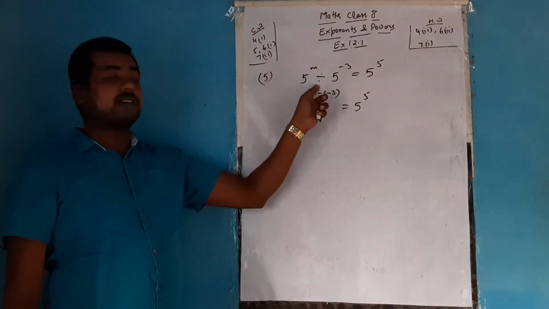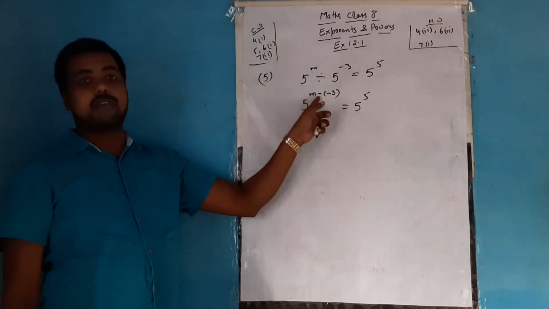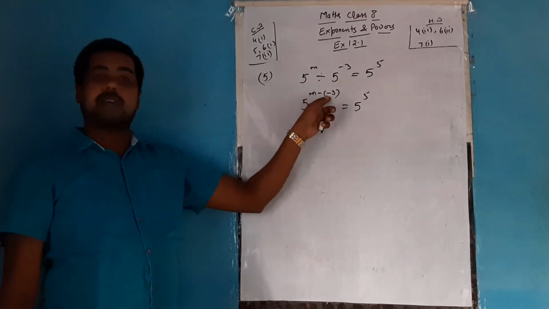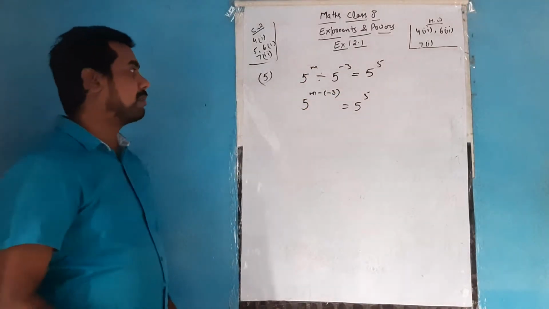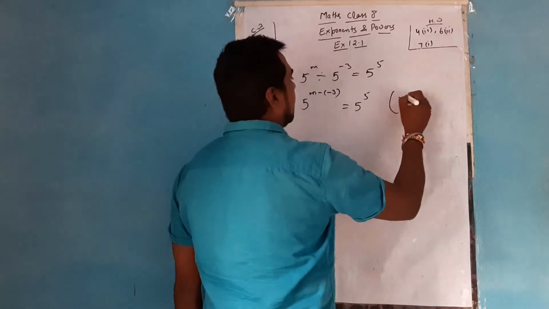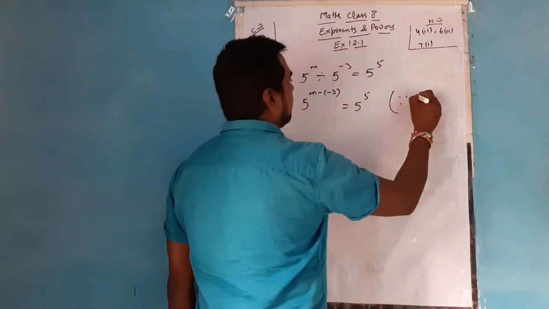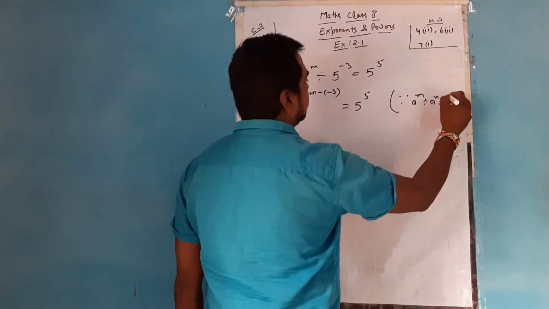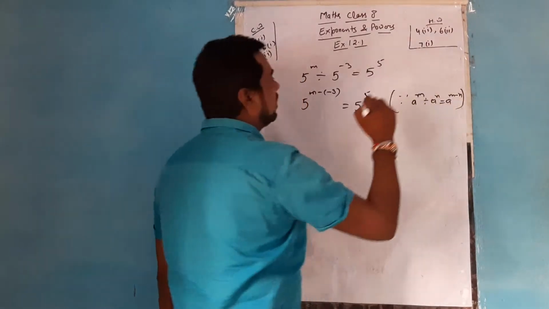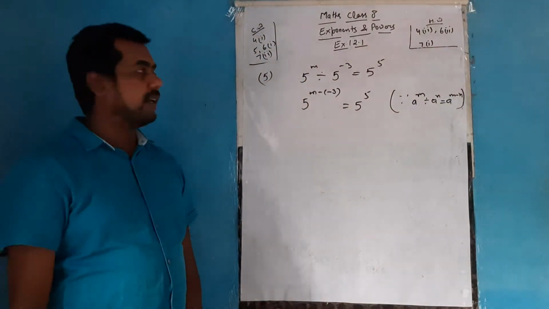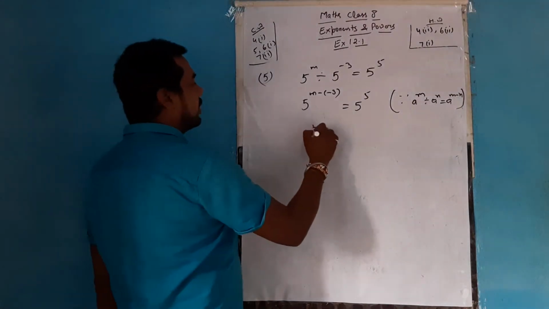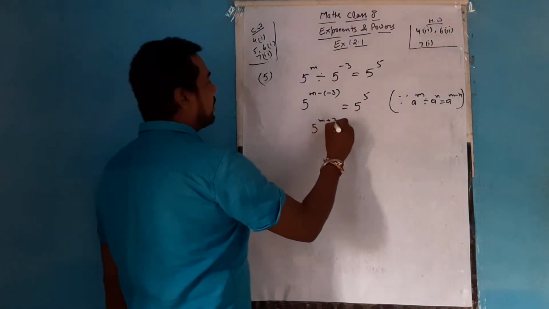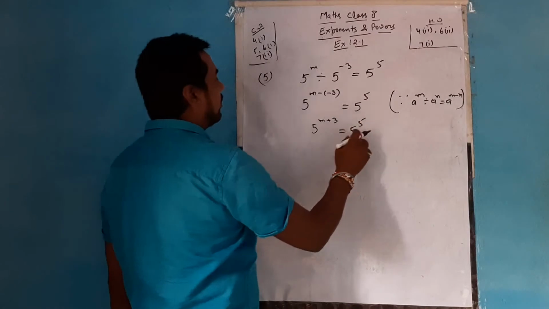This divide will result in the subtraction of power. This power 3 will remain as it is, you are not going to disturb it. And here you will mention a power m divided by a power n results in subtraction of power, that is a power m minus n. So now it becomes 5 to the power m plus 3 equals 5 to the power 5.